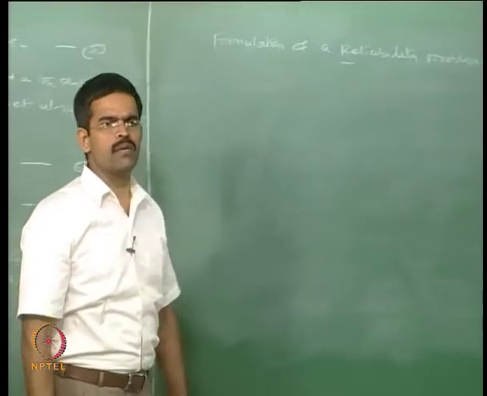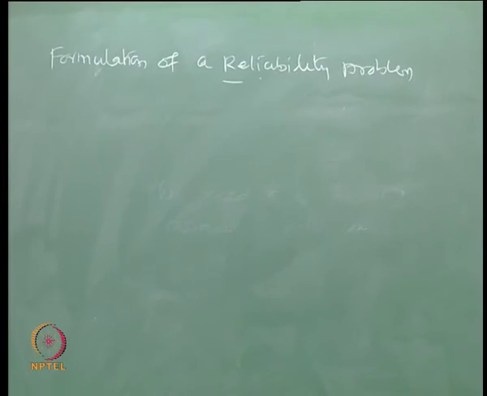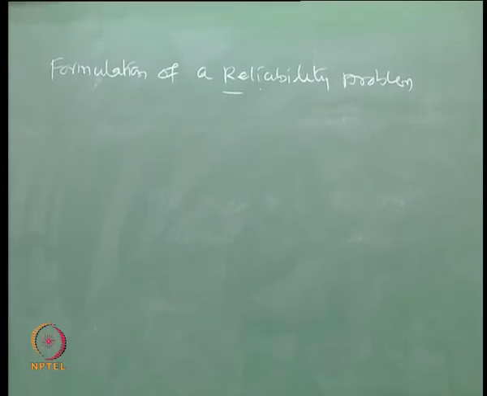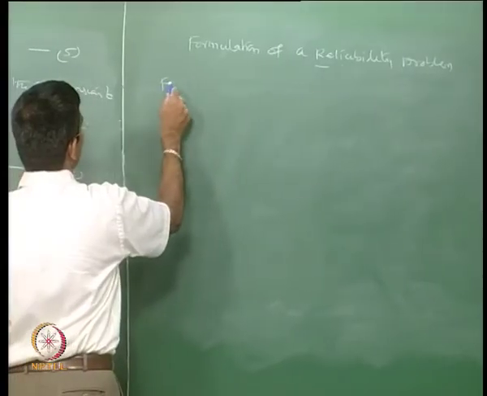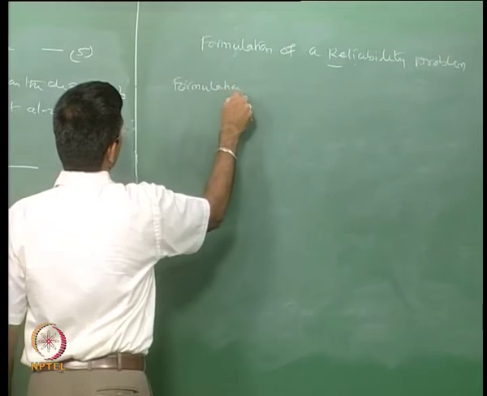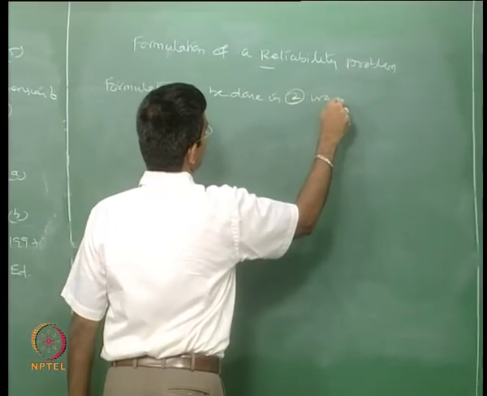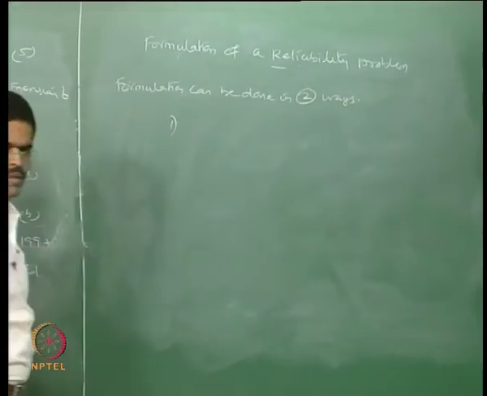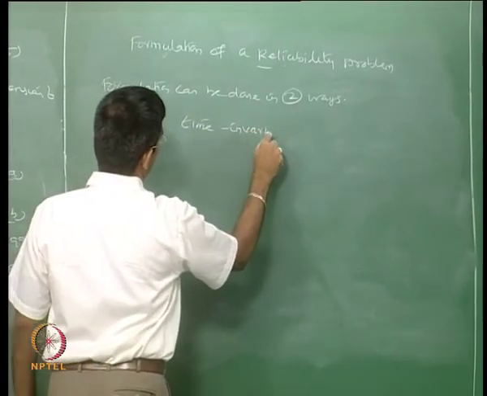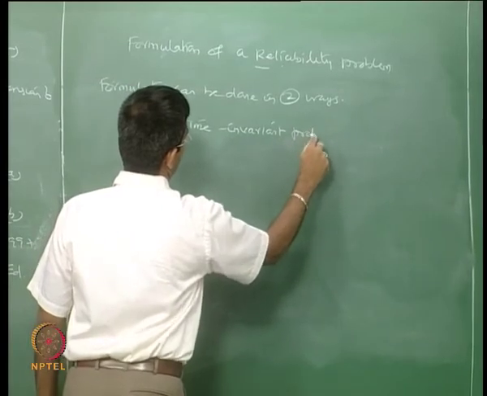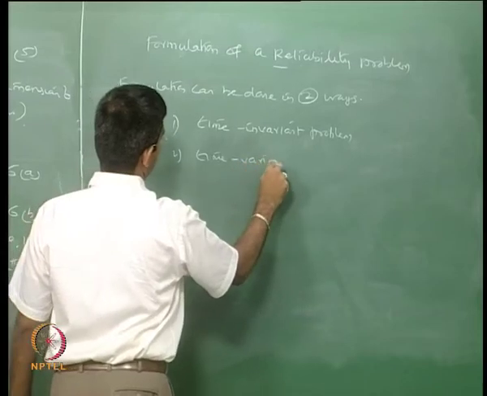How do you formulate a reliability problem? Formulation can be broadly done in two ways. One, a time invariant problem. Two, a time variant problem.